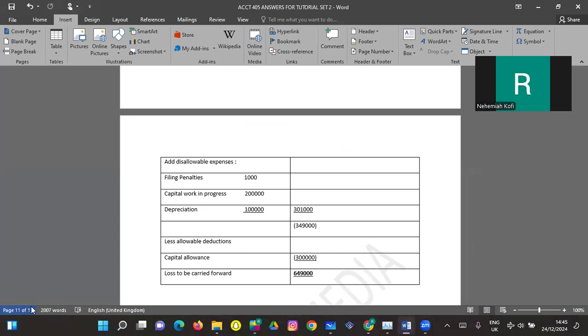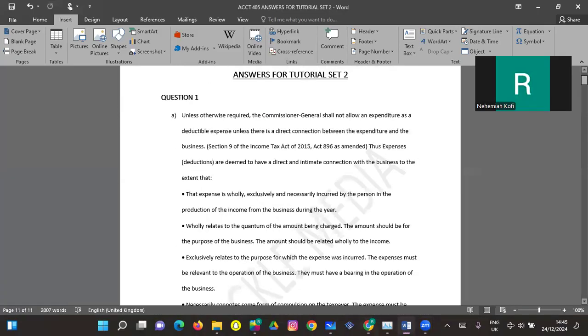Here it's 11 pages. So we are going to dive in right now.